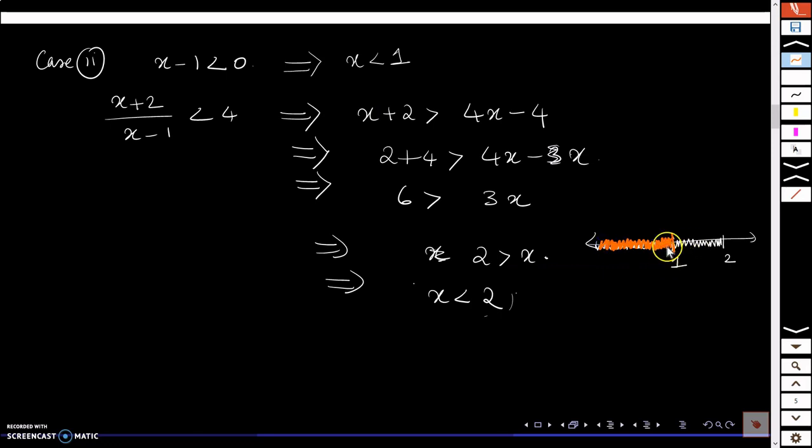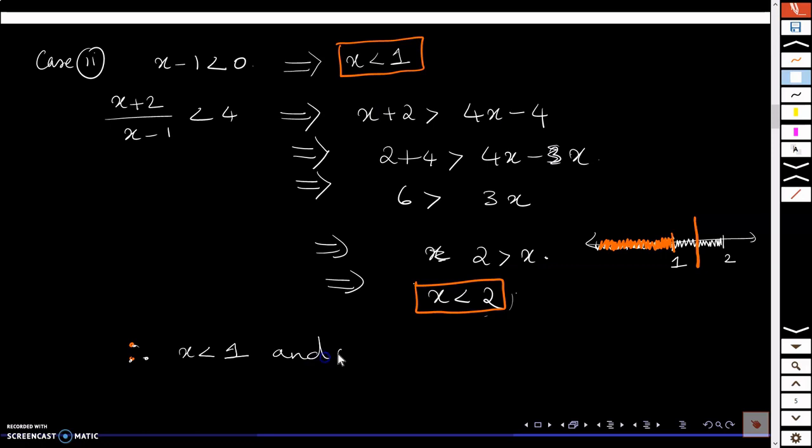So if you see x less than 1, these values which are marked in red satisfy this condition of being less than 1 as well as being less than 2. And if you look at points which are between 1 and 2, they satisfy the condition of being less than 2, but they do not satisfy the condition of being less than 1. So these points between 1 and 2 are not going to come. We conclude that finally x must be less than 1 and x must be less than 2.